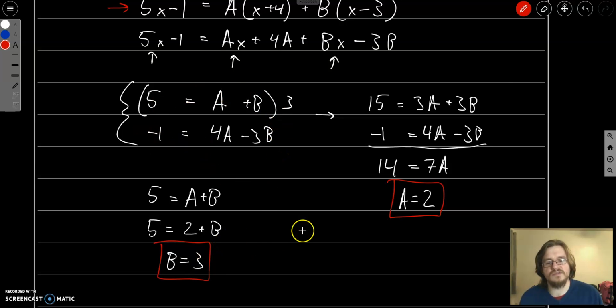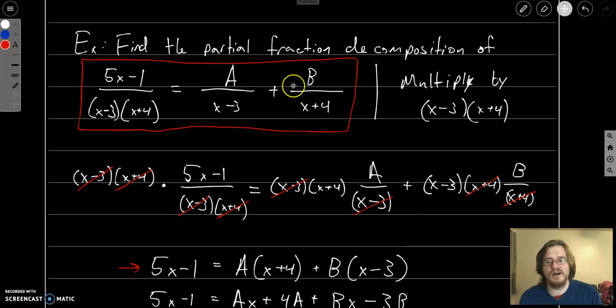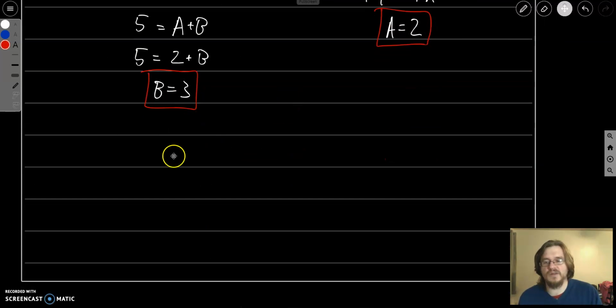Two equations, two unknowns, solve for a and b. We can then plug these into our fractions here to get the following.